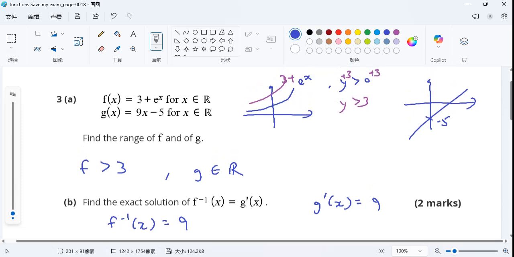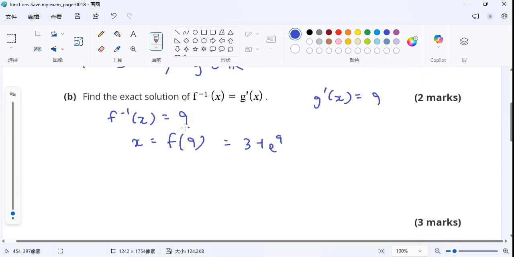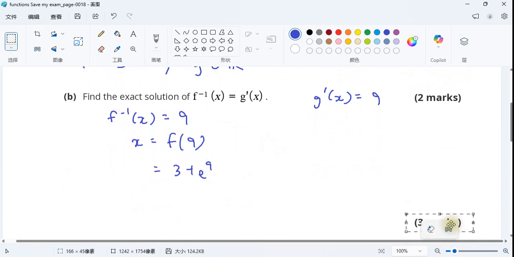The question didn't ask us to find the inverse function, so we can have x = f(9). We move the f inverse to this side. Then it will become 3 + e^9. So this is the exact solution.